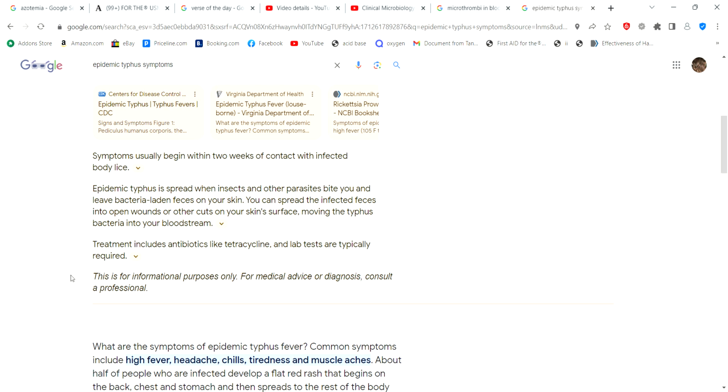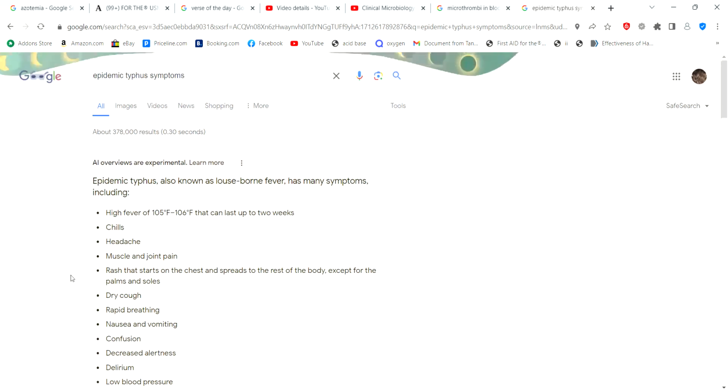All right, Rickettsia rickettsii causes Rocky Mountain spotted fever. It's carried by the dog tick known as Dermacentor. Okay, Rickettsia typhi causes endemic typhus.